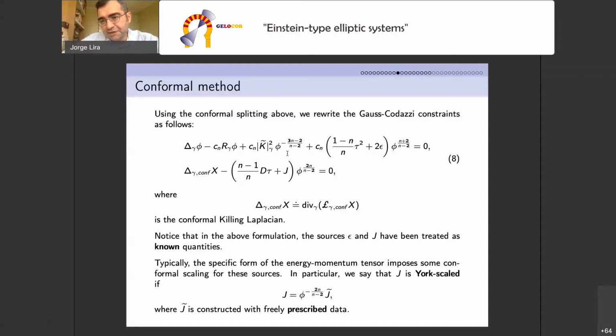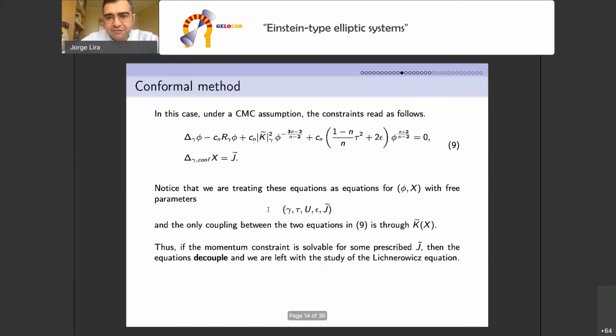And it's not trivial, in fact, but it's easier than the more complex situation when you consider not necessarily constant mean curvature initial surfaces, and you consider the case of non-vacuum spacetimes. Well, let me just insist that you have some free data in our setting.